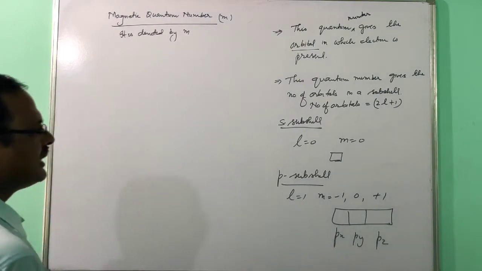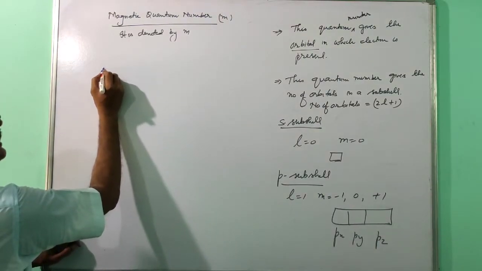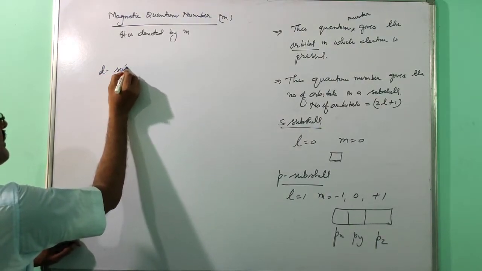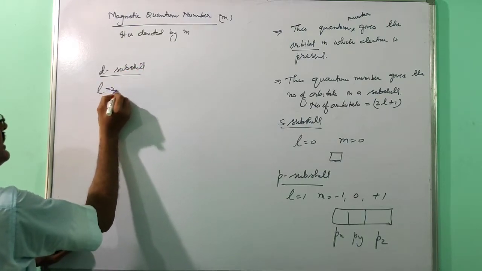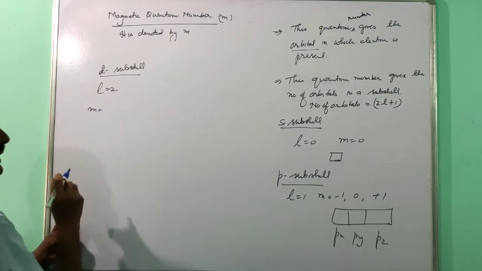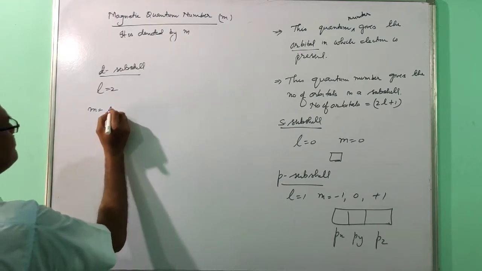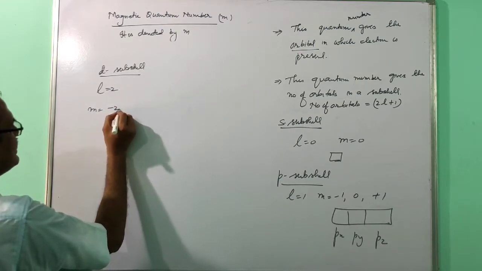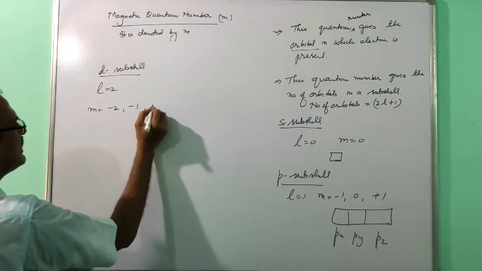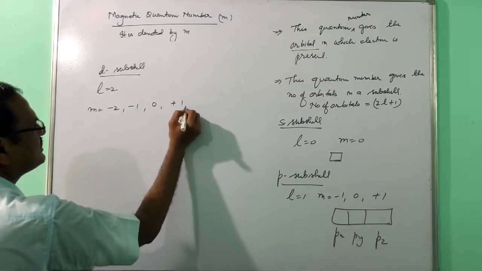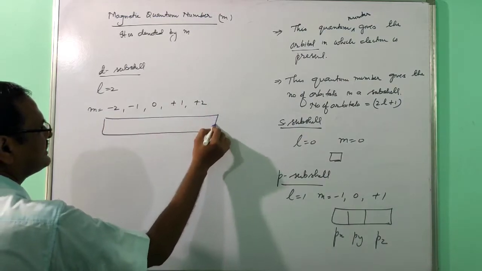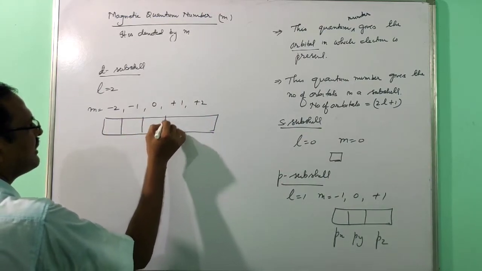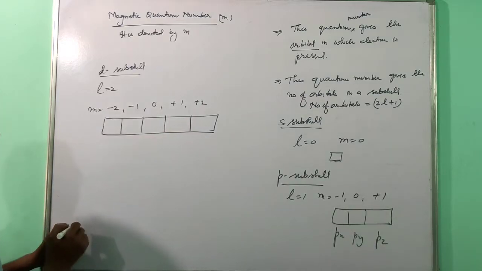Then the D subcell. For the D subcell, L is equal to 2, then m is equal to minus 2, minus 1, 0, plus 1 and plus 2. Here how many orbitals are there? 5 orbitals are there.